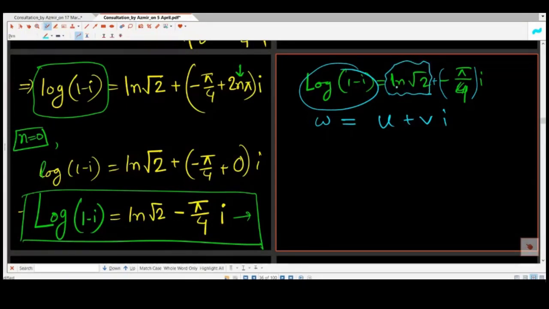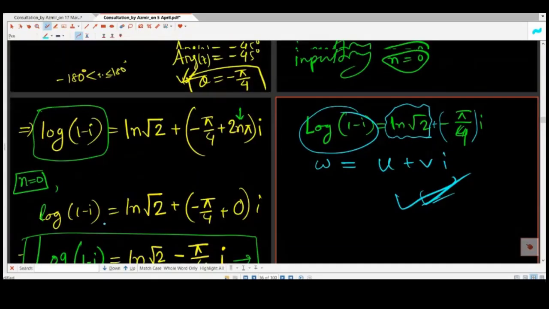We can use a calculator for evaluating natural log of square root of 2 and also negative pi over 4. We can evaluate. So we have found the principal value of complex logarithm. That means we have found the principal branch.